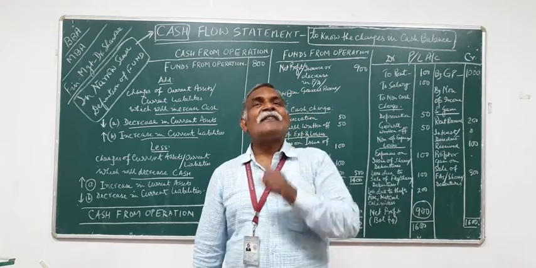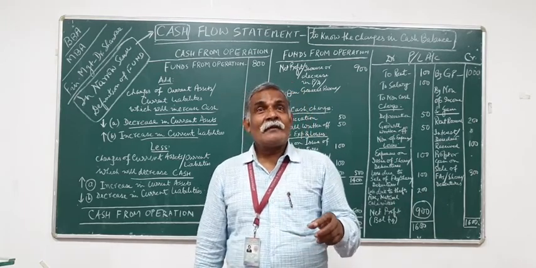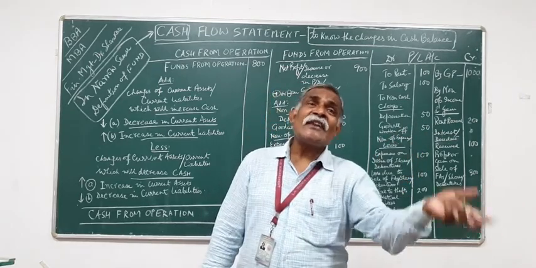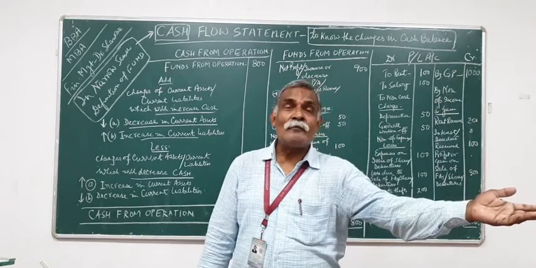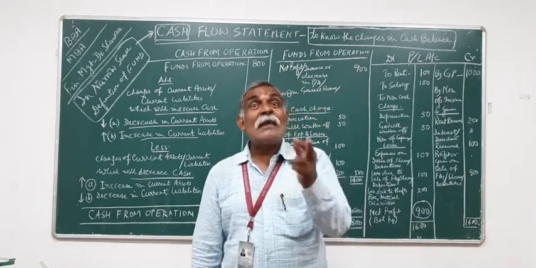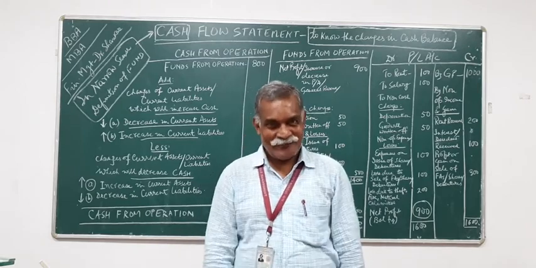Here also we will consider the increase or decrease in current assets or current liabilities of the schedule, but the difference is what? Here we will see the impact on cash.